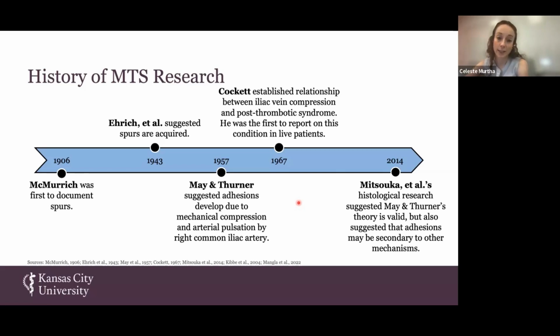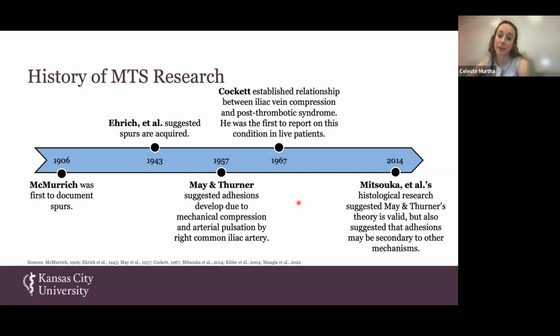About 10 years later, Dr. Cockett, a British vascular surgeon, came along, and he established a relationship between compression of the vein and post-thrombotic syndrome, which is a suite of symptoms that develop weeks to months after an individual has a DVT. And more importantly, he was actually the first to report on May-Thurner syndrome in live patients.